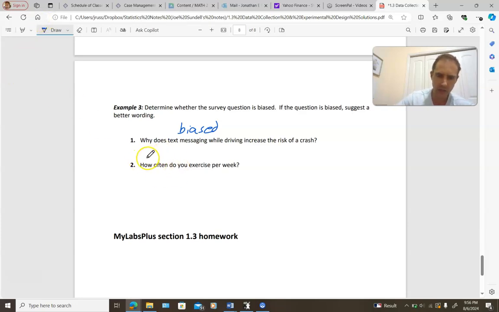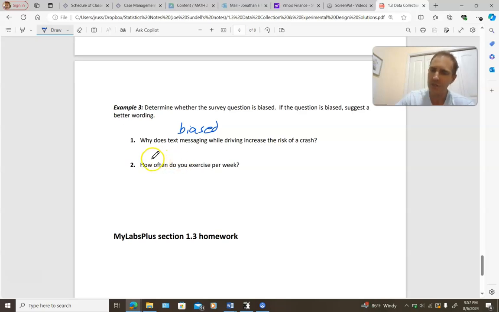Number 2 says, how often do you exercise per week? That one is not actually biased, guys. Now you could say, well, it is biased in a sense because there's sort of an expectation that people should exercise because that's been what's pushed as being healthy and things of that nature.